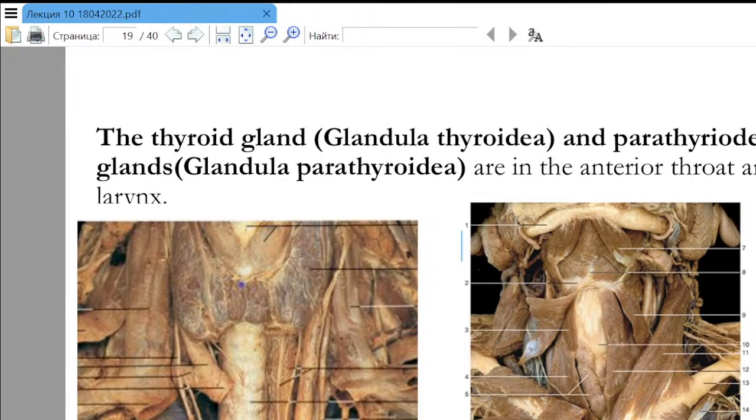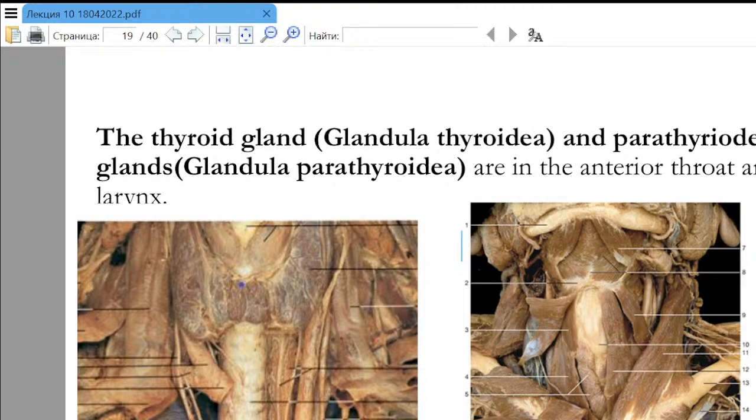Then the thyroid gland, glandula thyroidea, and the parathyroid glands, glandula parathyroidea, are in the anterior throat area below the larynx. What you see?